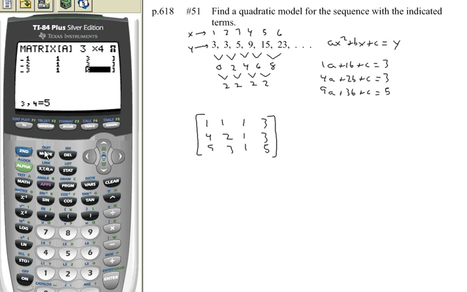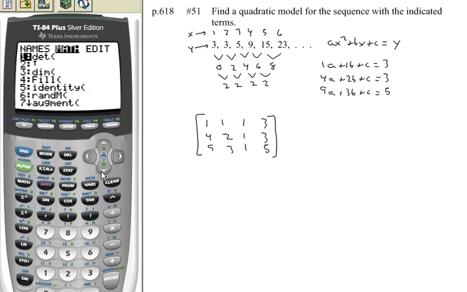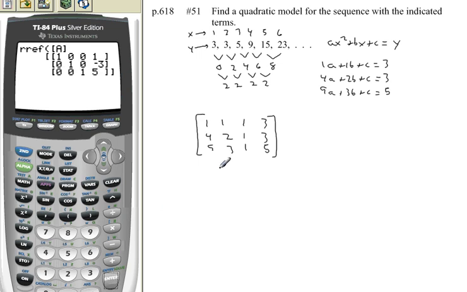Okay, I'm going to quit editing this matrix and get back to the matrix menu, go to the Math submenu, and find reduced row echelon form, which is this choice right here. I want to find the reduced row echelon form of matrix A. And there it is.